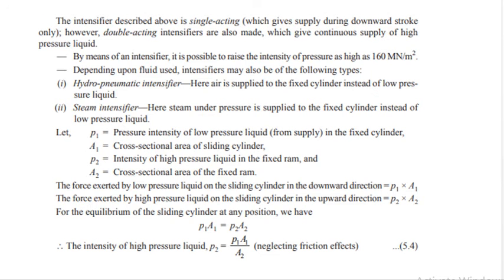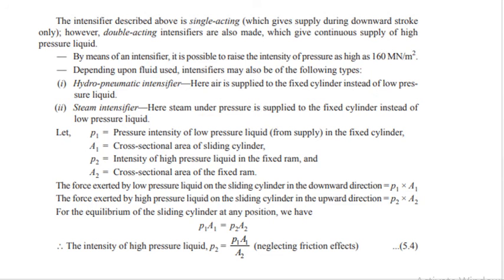If P1 is pressure intensity of low pressure liquid in the fixed cylinder, A1 is cross sectional area of sliding cylinder, P2 is intensity of high pressure liquid in the fixed ram, and A2 is cross sectional area of fixed ram, then the force exerted by low pressure liquid on the sliding cylinder in the downward direction will be P1 into A1.